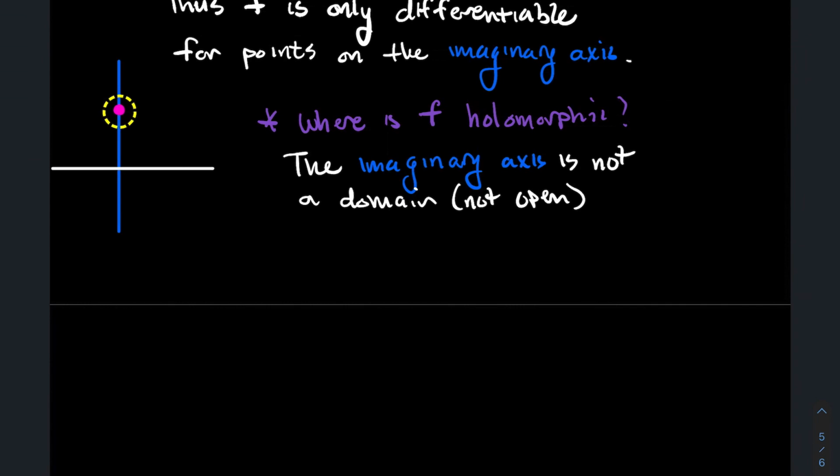That's bad, right? That means it's not a domain. I can't draw a disk around that point such that the disk is contained in the set as well. Therefore, what we just showed is that this function is actually nowhere holomorphic. So even though the derivative exists along the imaginary axis, this function is not holomorphic or analytic anywhere.